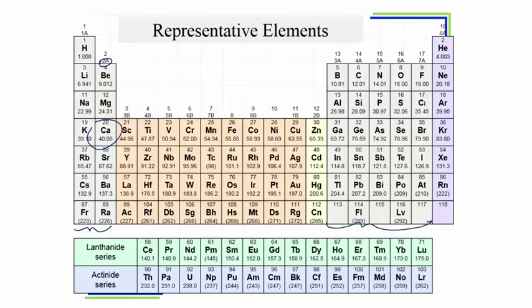The definition of representative elements comes from their electron configuration. They have incompletely filled S and P sublevels. So if you looked at the electron configuration for any one of those, you would know you were dealing with a representative element.